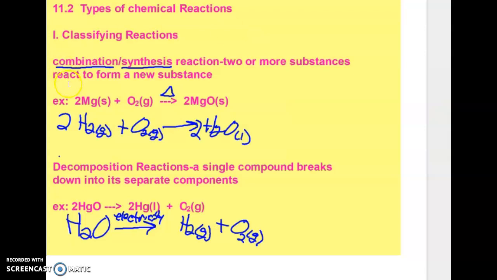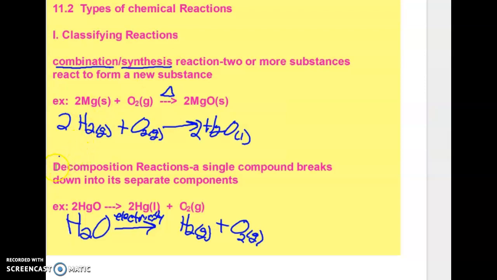The simplest and most typical is a couple of things combining to form one product, hence the name combination. But remember, to synthesize means to make, so we also call these synthesis reactions.